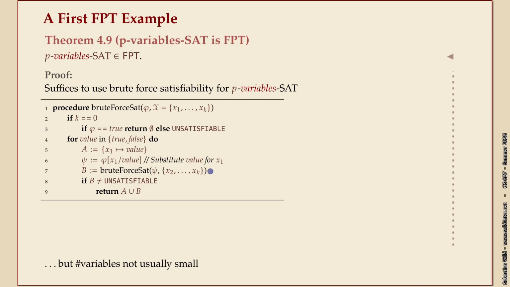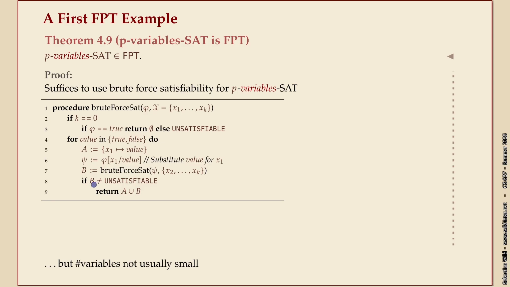Then we recursively call this algorithm on this simplified formula and with the set of variables without x1, because that's now eliminated. So we will eventually reach this base case if we do the recursion. And now what we get back from this recursive call is either this flag unsatisfiable, you gave me something that's false, or it's a satisfying assignment.